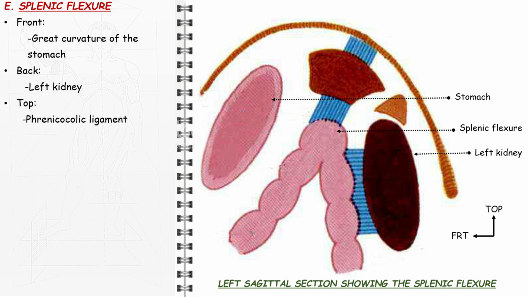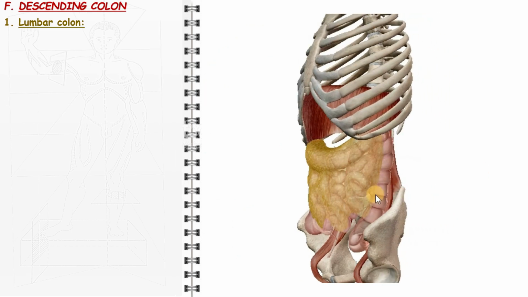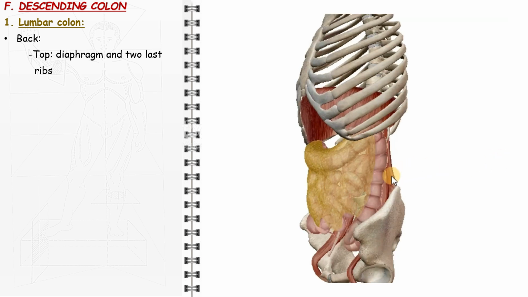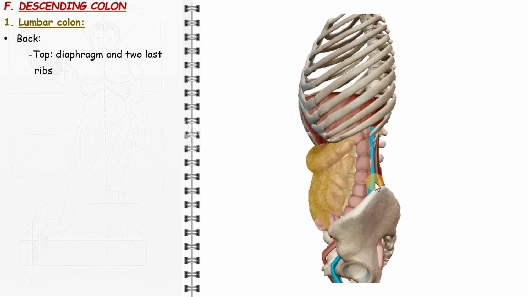the phrenicocolic ligament. The lumbar colon lies in front of the diaphragm and the two last left ribs, at the top, and the muscular wall of the left lumbar fossa with the iliohypogastric, ilioinguinal, lateral femoral cutaneous, femoral and external iliac vessels.